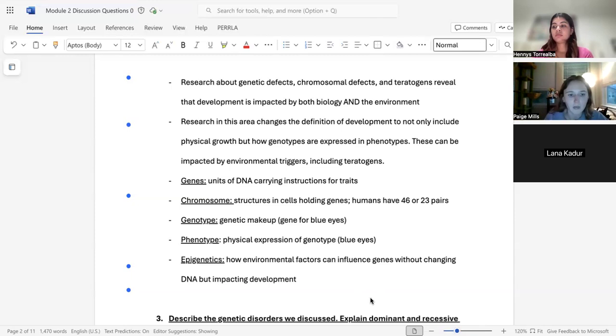Genotype is the genetic makeup. An example of that is having the gene for blue eyes. The phenotype is physically expressing the genotype, which is physically having blue eyes. And epigenetics is how environmental factors can influence genes without changing DNA, but impacting development.